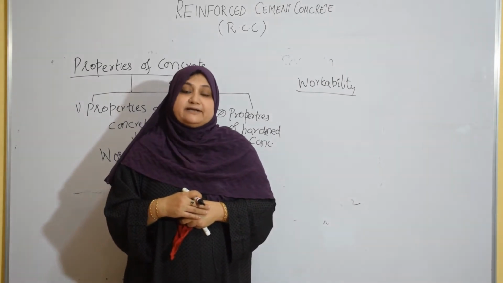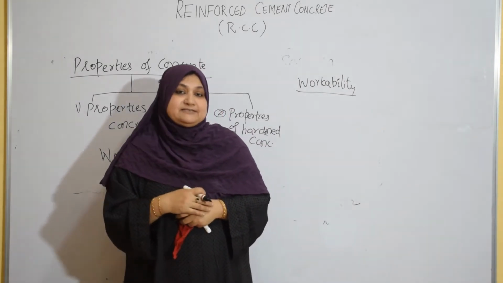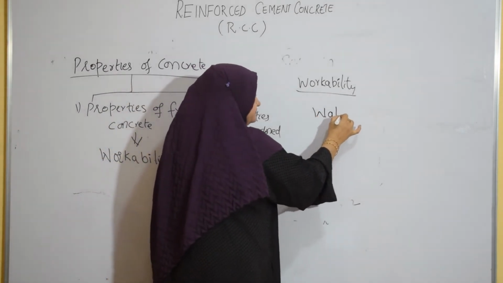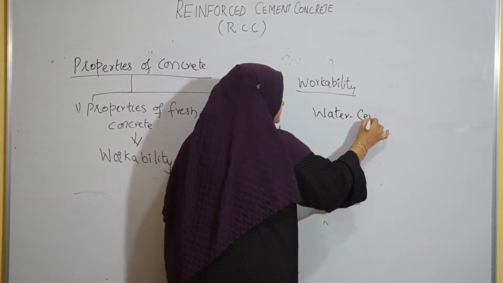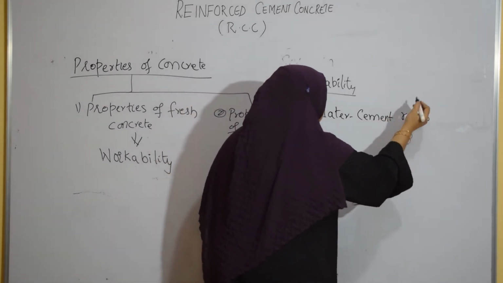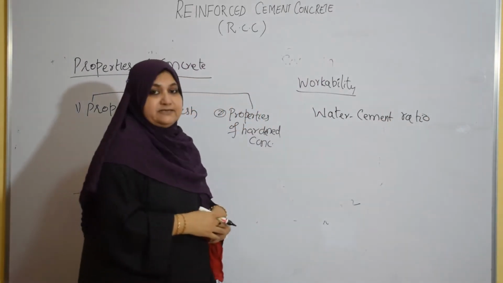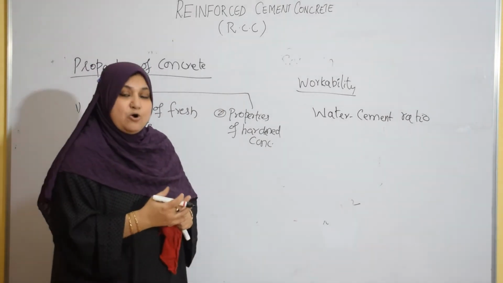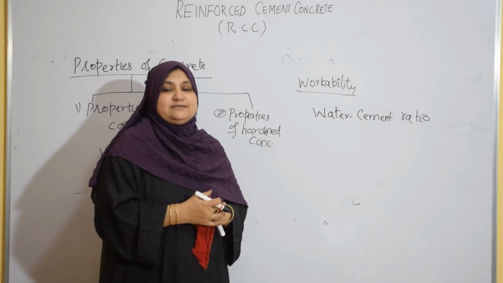The greatest factor which affects the workability is the water cement ratio. It is self-explanatory. If water is less, then aggregates will come out of the concrete. That is called segregation.